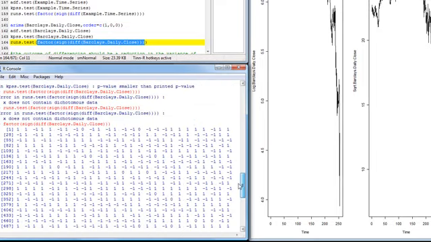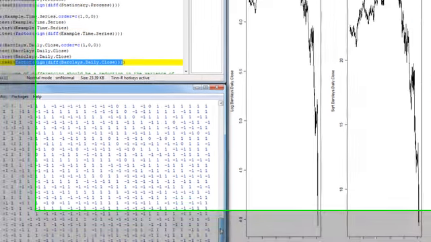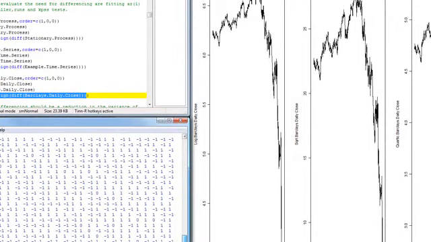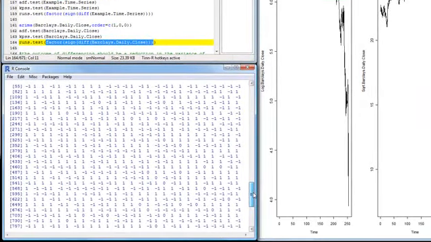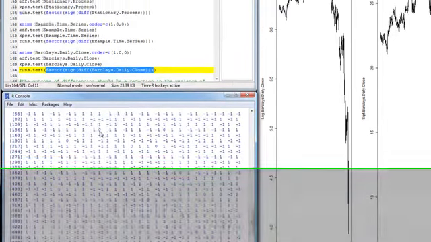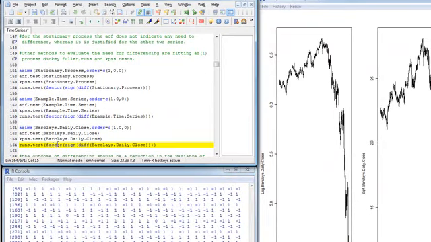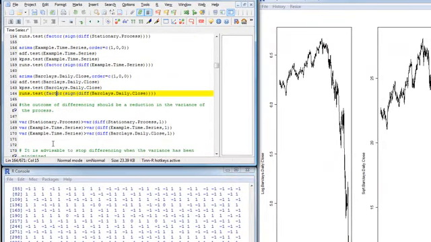Oh, it's 1, 0, minus 1. The runs test doesn't work so well with zeros. You could deal with that just by randomly shifting a 0 to either a plus or minus 1. We won't do that since we're fairly happy that the process is non-stationary for the Barclays daily closing price.